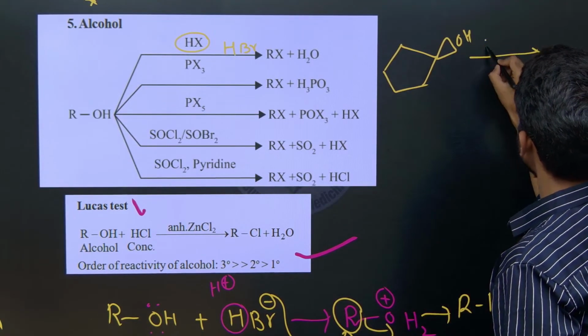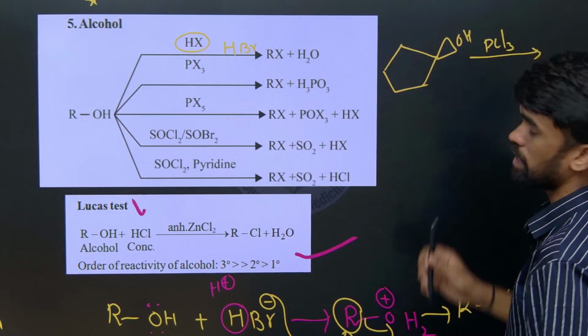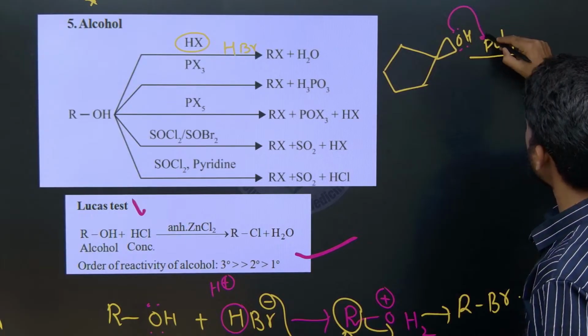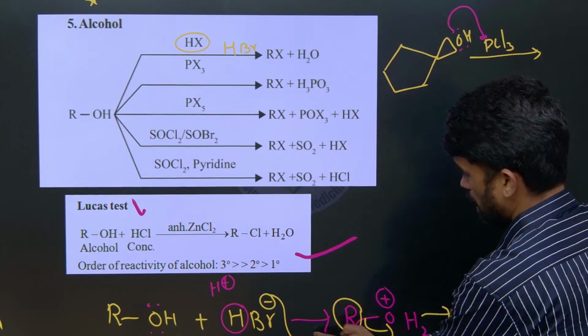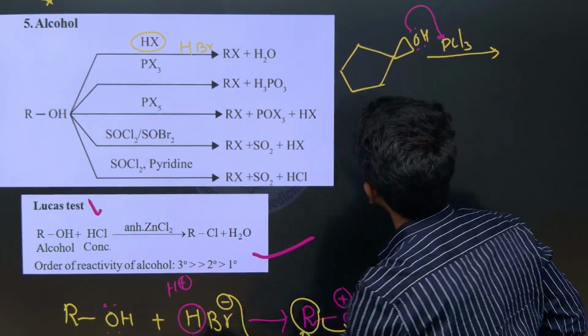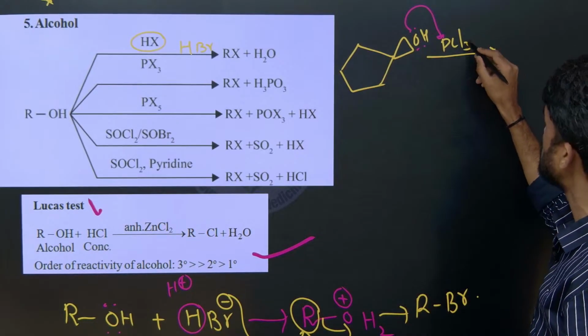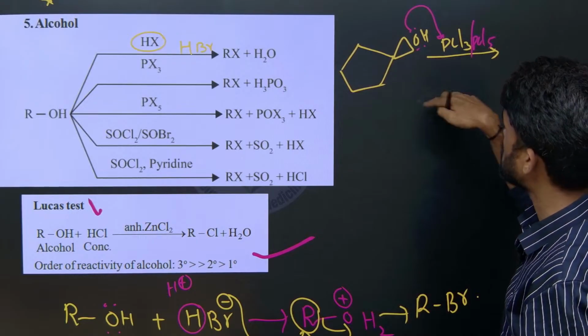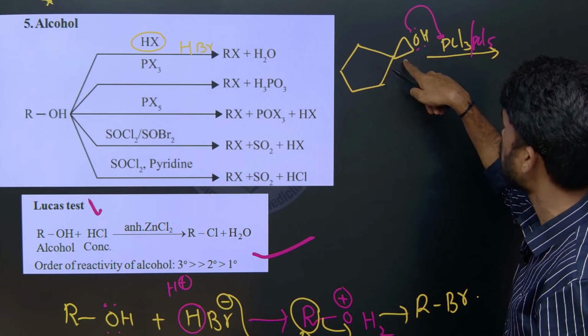So when we are treating with PCl3 or PCl5, this OH group will be reacting with PCl5, and finally one of the chlorines from PCl3, or if we treat with PCl5, will be substituted in this position of OH.